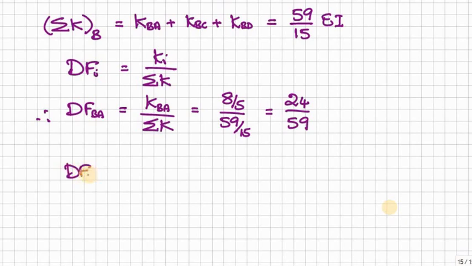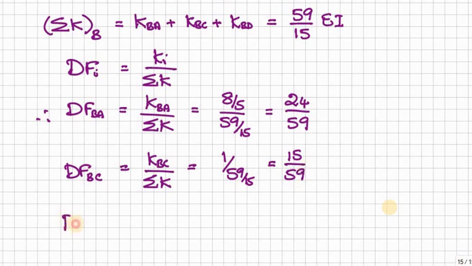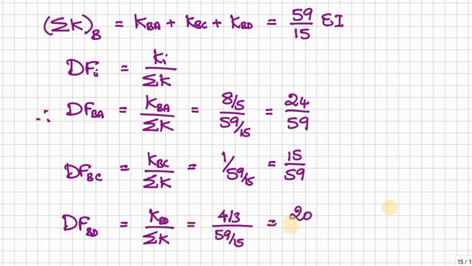For BC, DFBC is equal to KBC divided by sigma K, which is equal to 15 over 59. Similarly, for BD, DFBD is equal to KBD divided by sigma K, which is equal to 20 by 59.